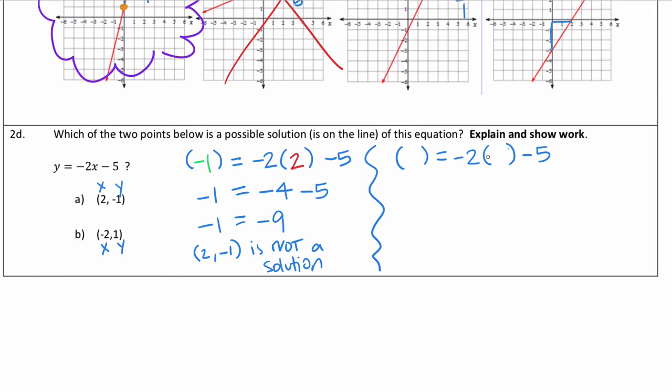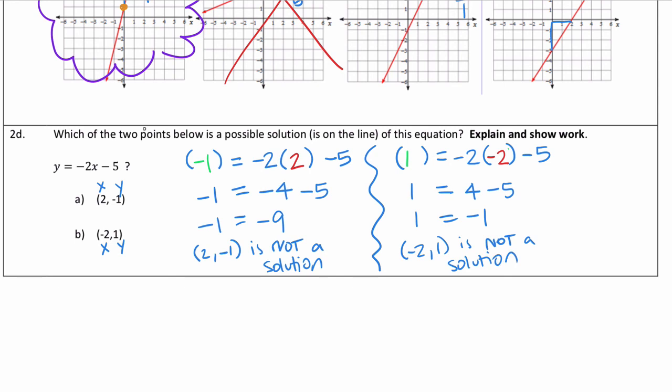This x value is -2, and this y value is 1. Does that make the equation true? Let's find out. 1 should equal -2 times -2 is 4, take away 5. 1 equals 4 take away 5 is -1. That's not true. So that means that -2, 1 is not a solution.